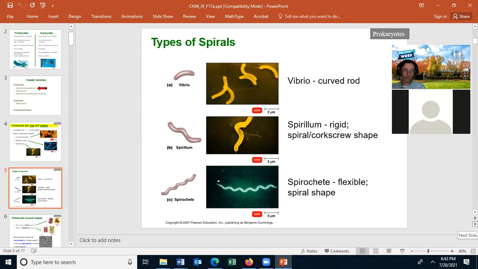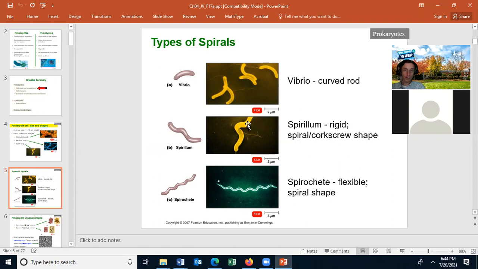This slide is showing you the different types of spirals. There can be a vibrio, which you could also call not a spiral but a bent rod. Cholera is actually a vibrio. There's the spirillum, which is the classic spiral, and it's a rigid structure.